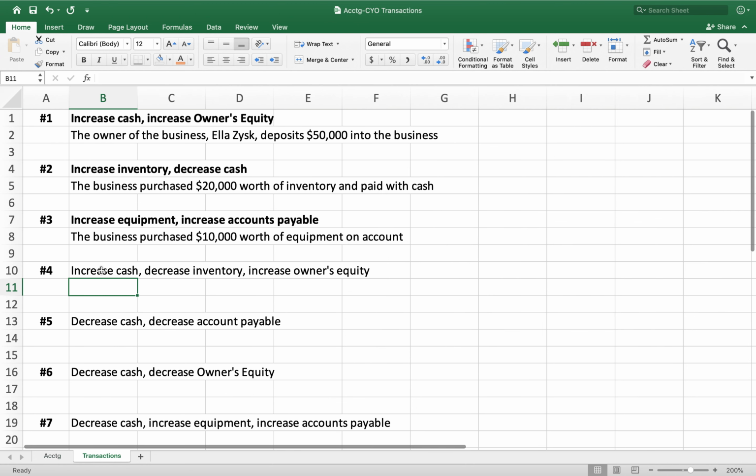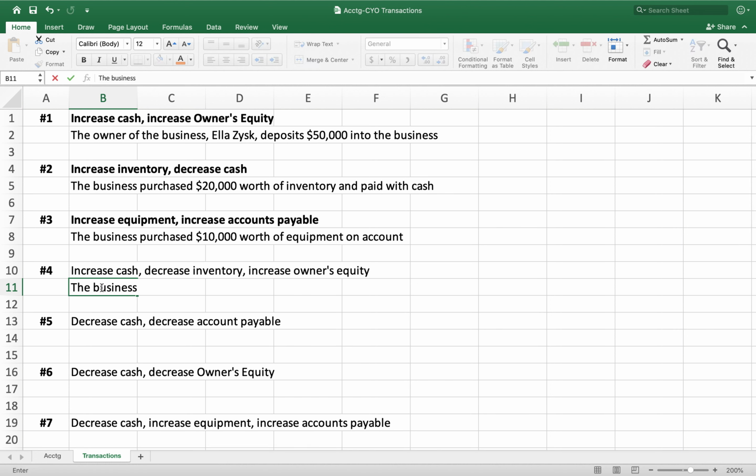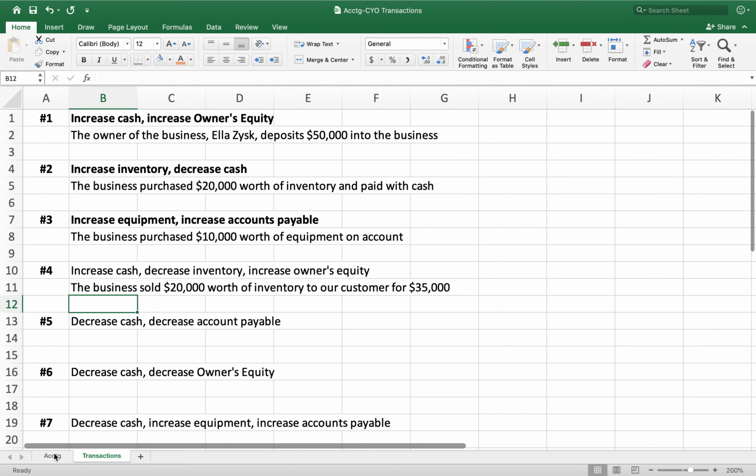If we want to sell all of that, let's see, the business sold $20,000 worth of inventory to our customer for $35,000. That's a pretty good markup right there. So let's see how we record that.